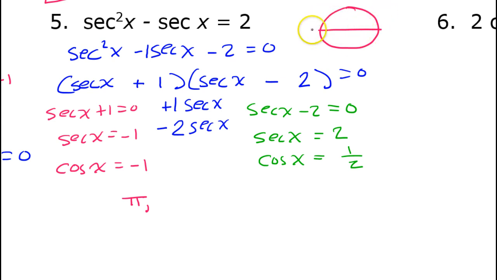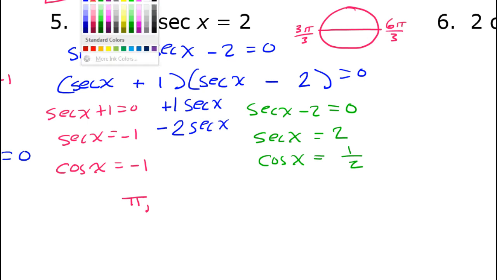I'm just going to draw this. So thinking of pi over 3's, over here, pi is the same thing as 3 pi over 3, and 2 pi is the same thing as 6 pi over 3.